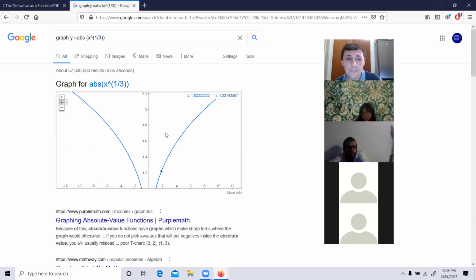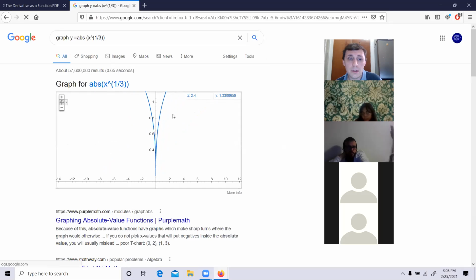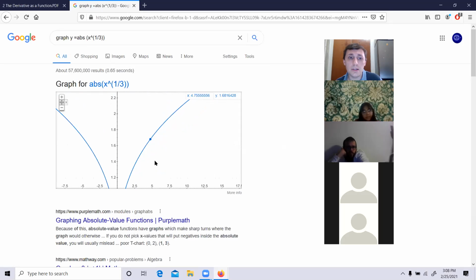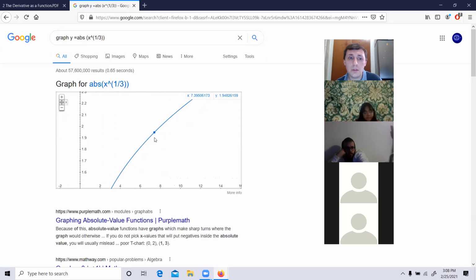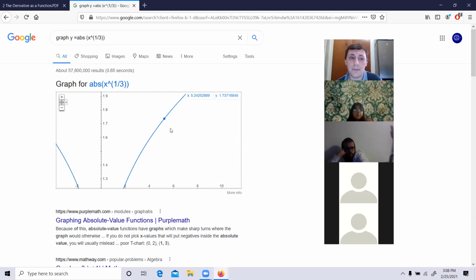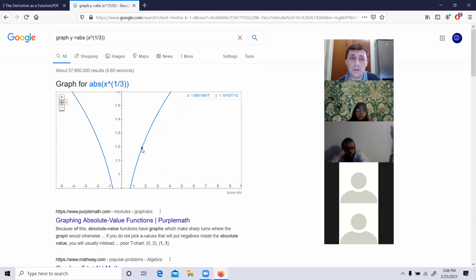Here, you see what's happening? Look at it, guys. Let's zoom in over this point. Do you see? It looks like a straight line when I zoom in, yes? Now let's zoom out for a second and see what happens if I zoom in at this point.